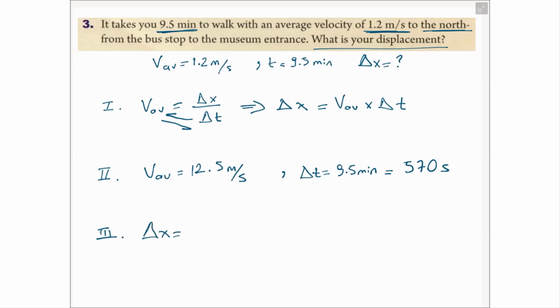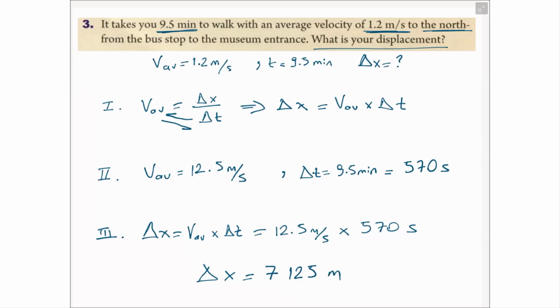Delta x equals v average times delta t. V average 1.2 meters per second times delta t equals 570 seconds. Delta x is going to be 684 meters.